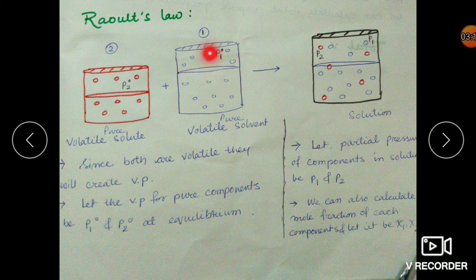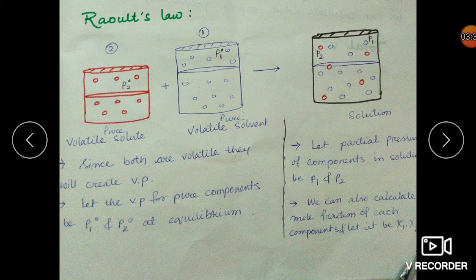From here the molecules will go to the vapor phase. Now when they are in the vapor phase, they will create a vapor pressure. Let the vapor pressure of this pure volatile solvent component be P1 naught. The naught is for the pure state. So here we got the vapor pressure of pure volatile solvent to be P1 naught.